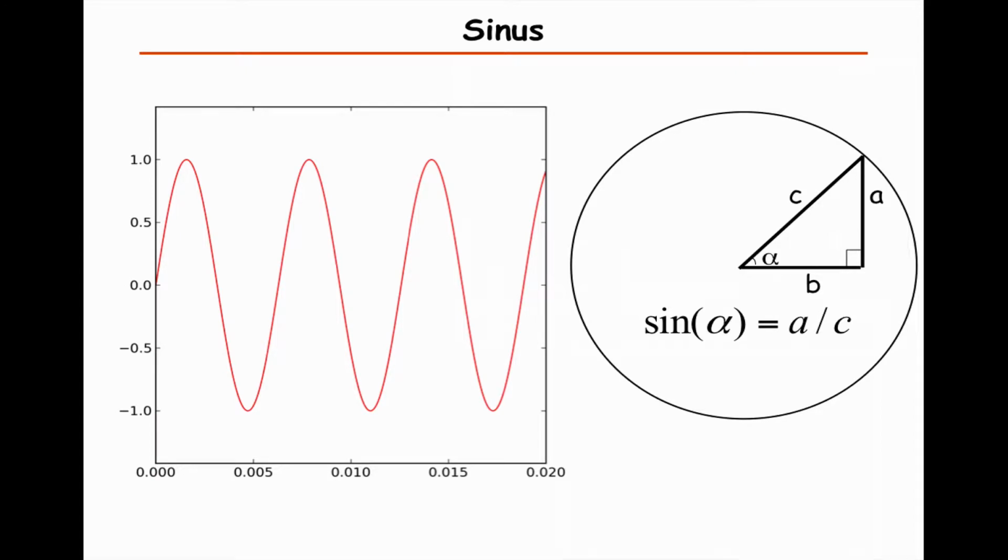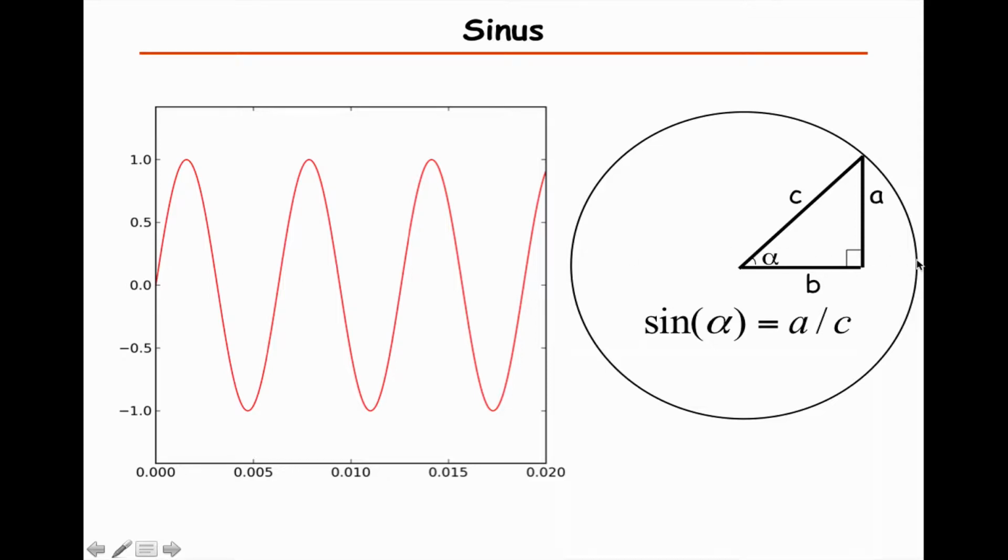The basics of signal processing is that we can decompose signals into different components. One basic component is a sine wave, and you all know the sine wave. It starts at 0 when the angle is 0.